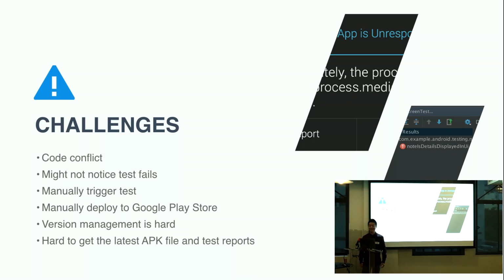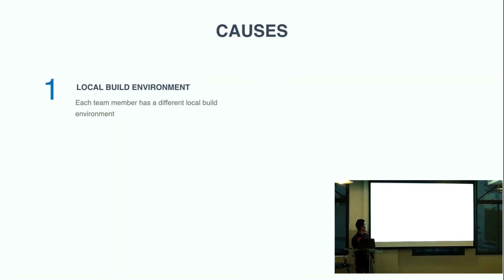I can't say that it's not good, but it is a lot of work if you are working in a big team. Maybe within one day there would be multiple new versions, so that is hard work.